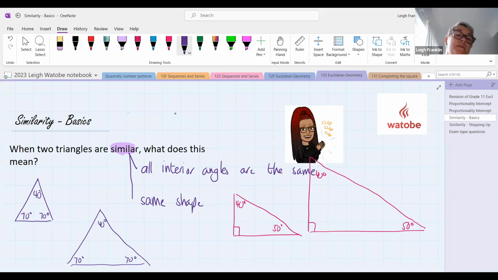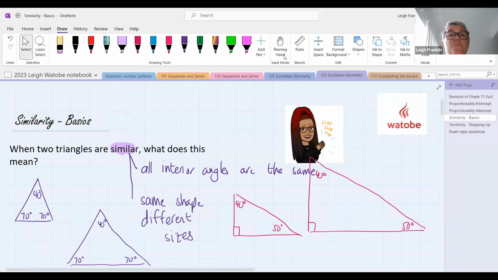Then they would be similar triangles. So all interior angles are the same. They are the same shape, but they are different sizes.